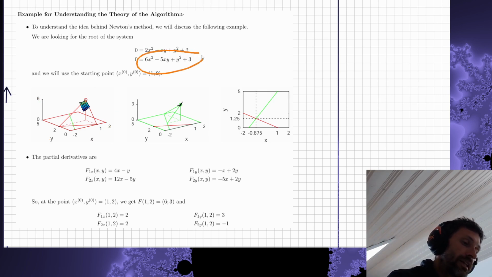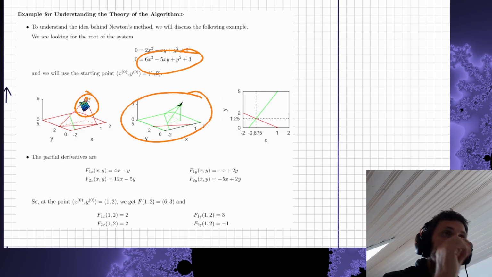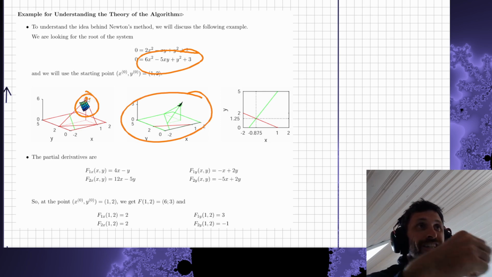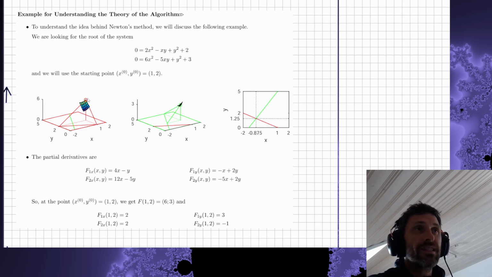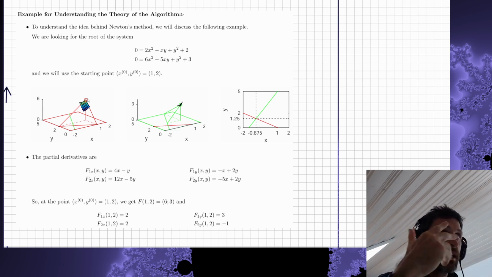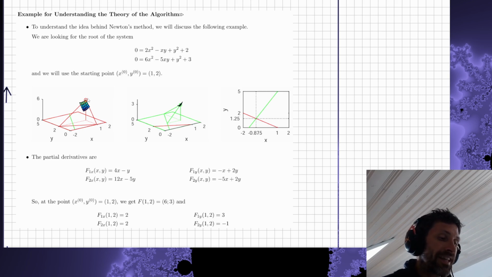And then we can visualize this function, and we can visualize the function only close to the initial starting point. So what can we do? Instead of taking the function, we can take the tangent plane and work with that tangent plane, and that's the basic idea. So how can we get this tangent plane?